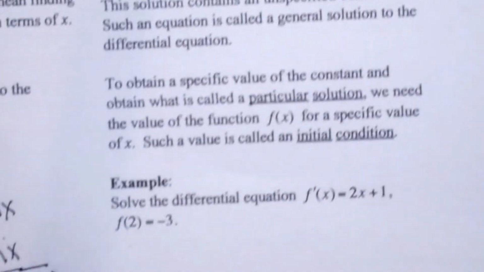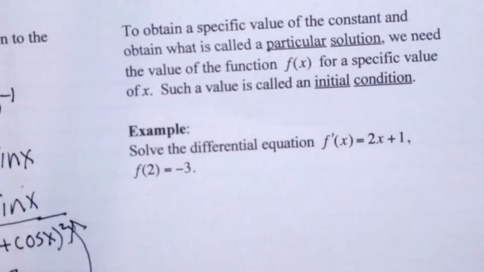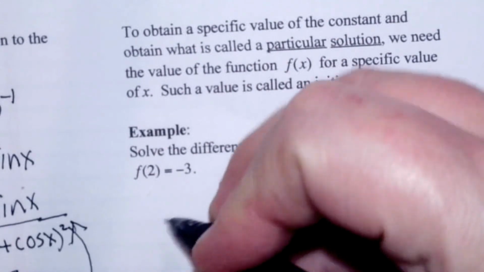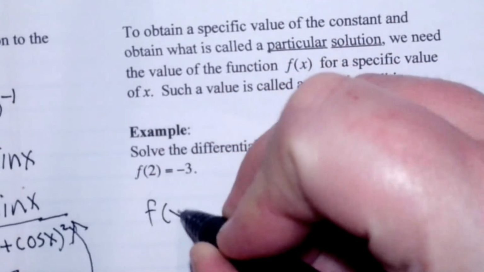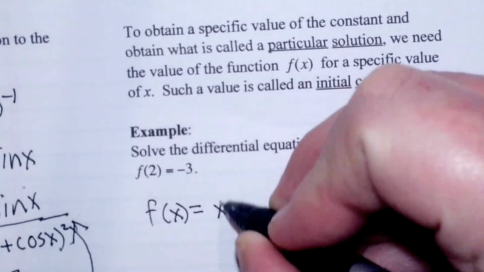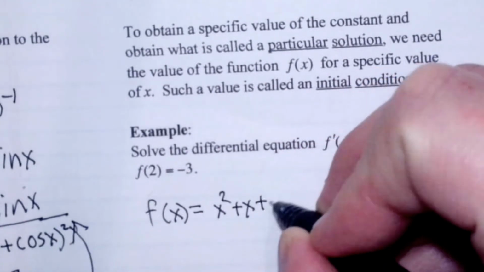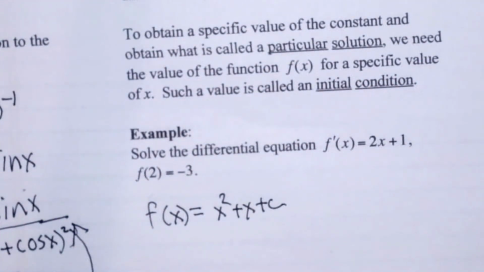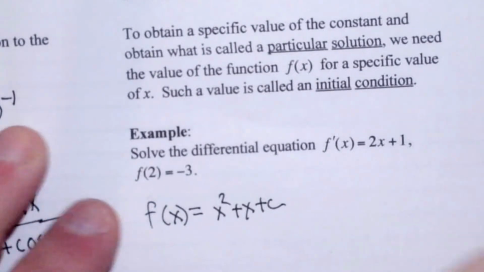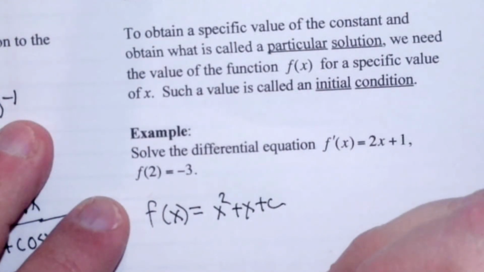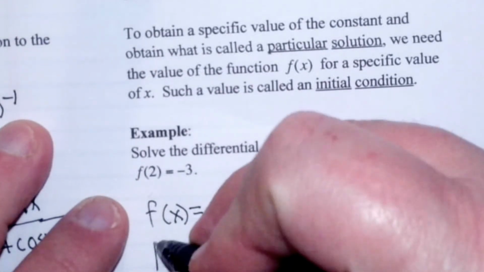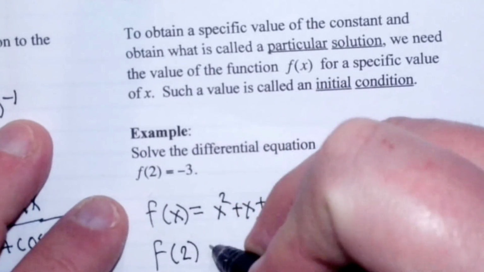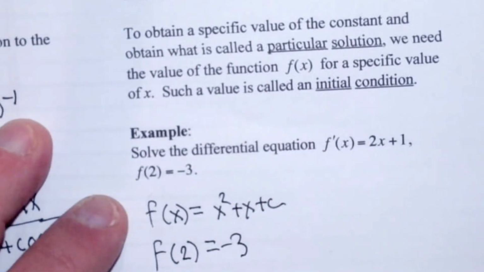So solve the differential equation f prime of x equals 2x plus 1 with the initial condition that f of 2 equals negative 3. We already know from the work we did earlier that f of x equals x squared plus x plus c. So we know that f of 2 is supposed to be negative 3, right?